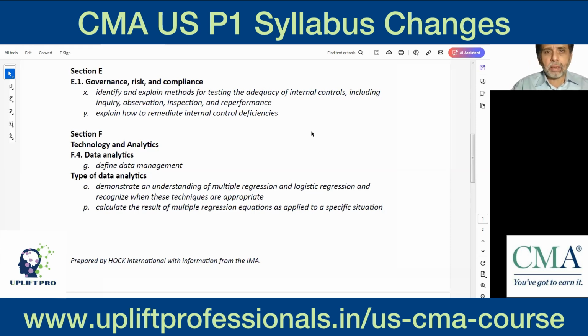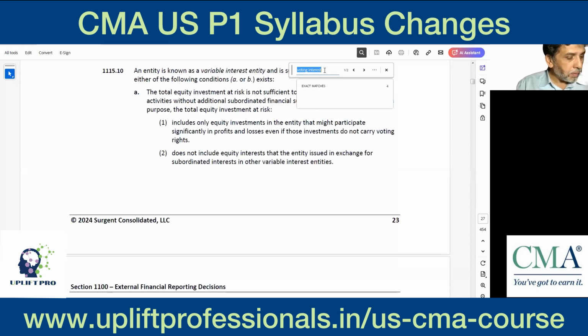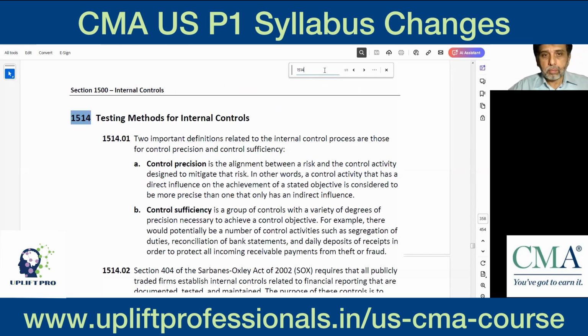Let us have a look at it in the text part. Just let me go to the text part and see what they are talking about. It is Section E. Yeah, so this is the part which has been introduced: testing methods for internal control.